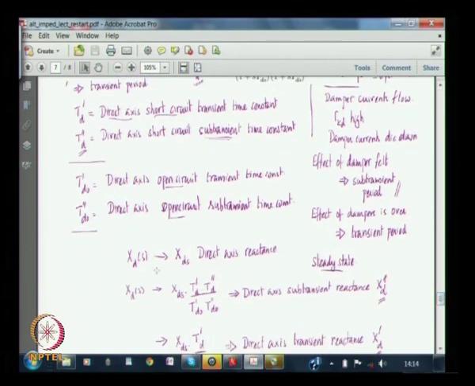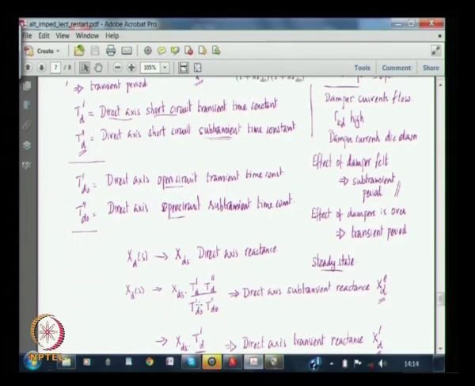Based on all these we defined certain new expressions, that is the direct axis operational reactance, which we defined at the outset. Then by looking at high speed operations, that is responses which vary very rapidly with time, we came across another definition called the direct axis subtransient reactance, xd double prime.